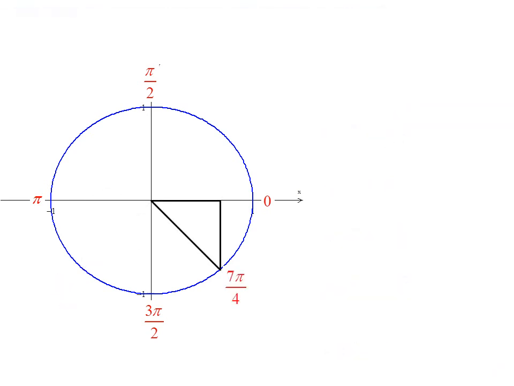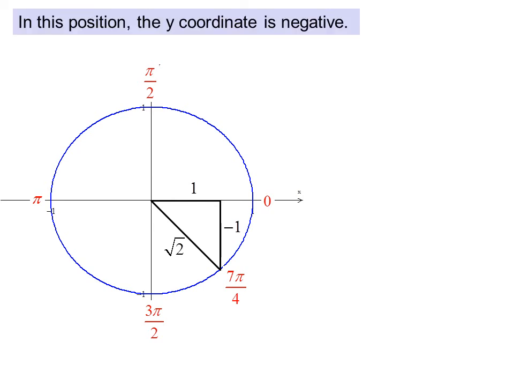Finally, in this position, theta is 7 pi over 4. The sides are 1, -1, and radical 2. And we could use those sides and the hypotenuse to come up with new values. The y-coordinate is the -1 in this case. So sine of theta is -1 over radical 2.